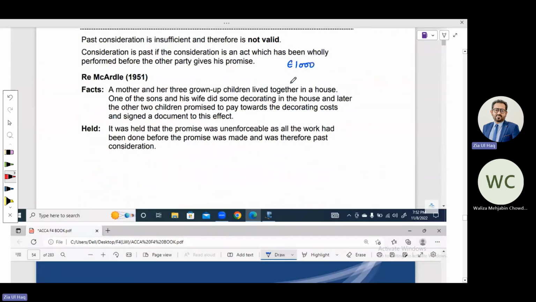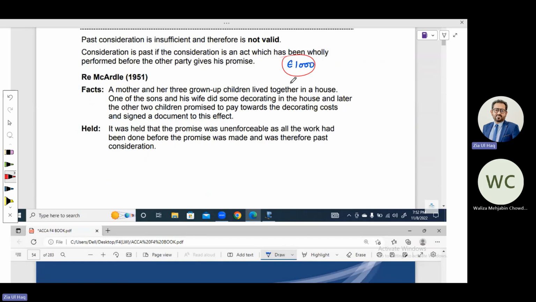And there is a case on past consideration. A mother and her three grown-up children live together in a house. One of the sons and his wife did some decorating in the house, say £1,000.